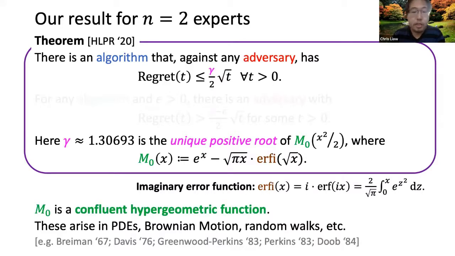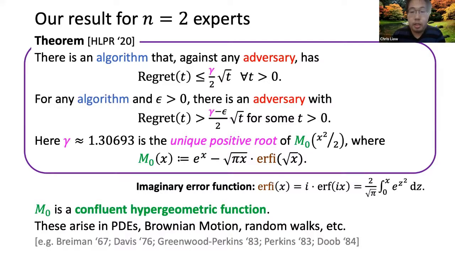So at first glance, this m0 function might seem like a really bizarre function, but it is an example of a confluent hypergeometric function. And these functions often appear when looking at PDEs or Brownian motion or random walks. Regret is often closely related to random walks, so it shouldn't be terribly surprising that a confluent hypergeometric function might make an appearance.